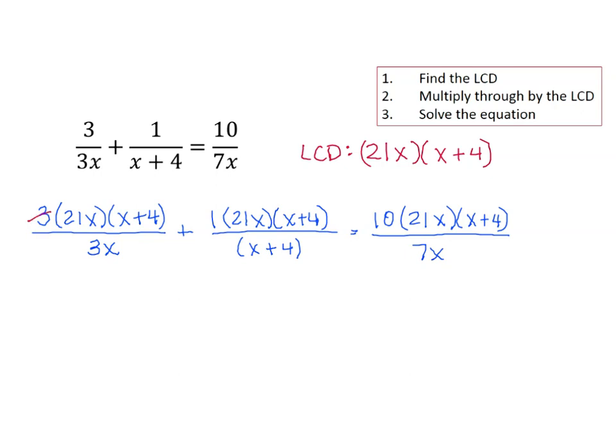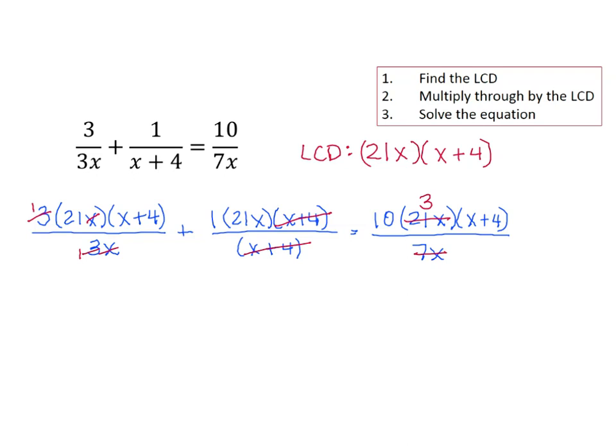So I can cancel the 3 and the 3, and those both become 1. I can also cancel this x and this x because they're all being multiplied together, remember. In the second term, or the second addend, I can cancel the x plus 4s. And in the sum, over here on the right, I can cancel the 21x and the 7x, and then this would become a 3.